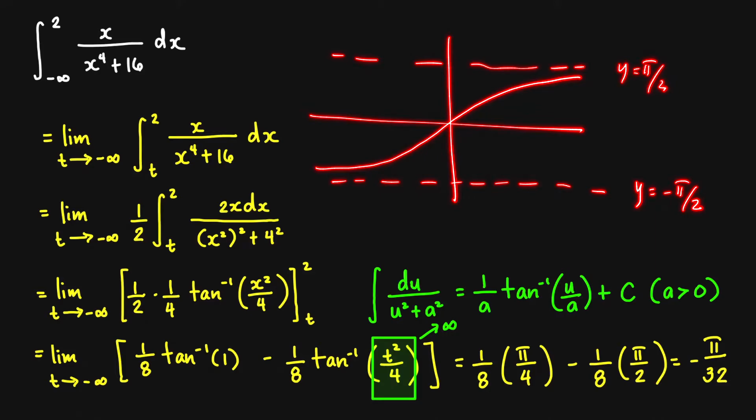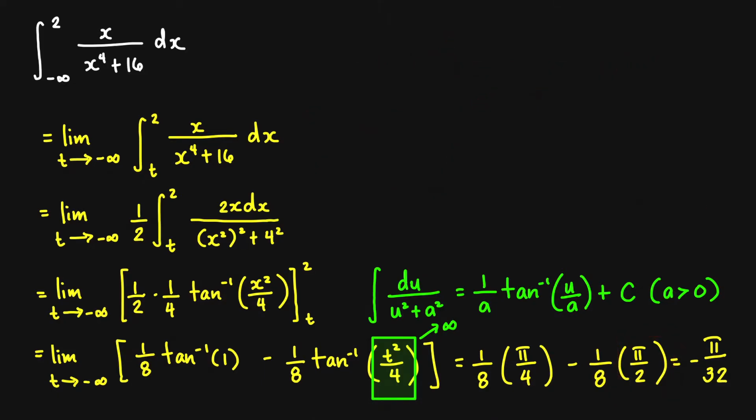As the input increases without bound, as you can see, the points here are getting closer and closer to the line y equals pi over 2. Therefore, the value of tangent inverse of t squared over 4 is approaching pi over 2.